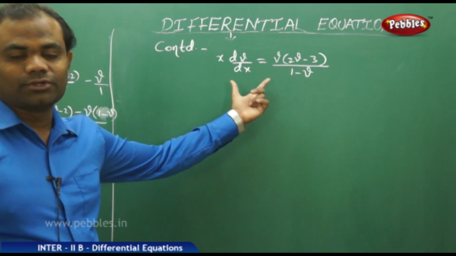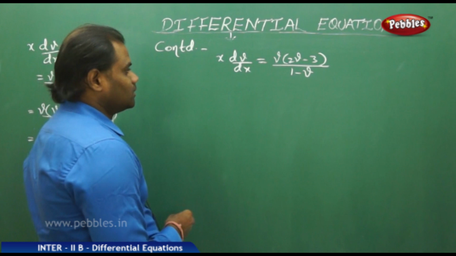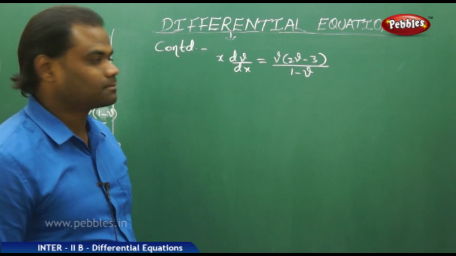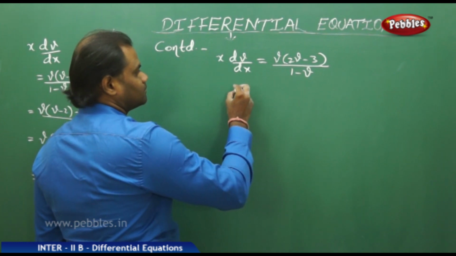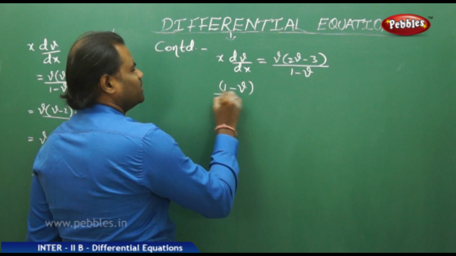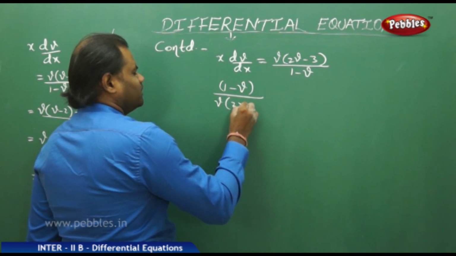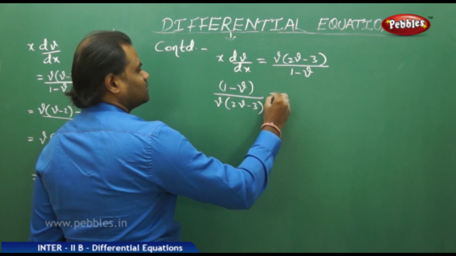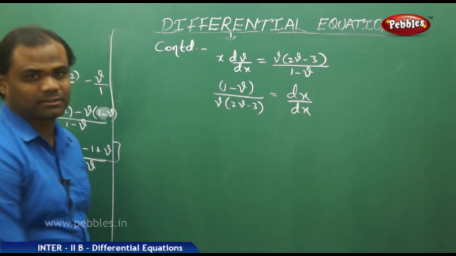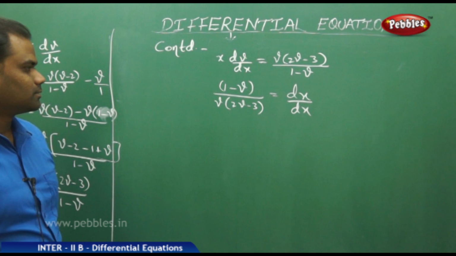That is, we are going to use variable separation method, where all v terms are brought to left and x terms to the right. 1 minus v by v times 2v minus 3 is equal to dx by x is what we get.